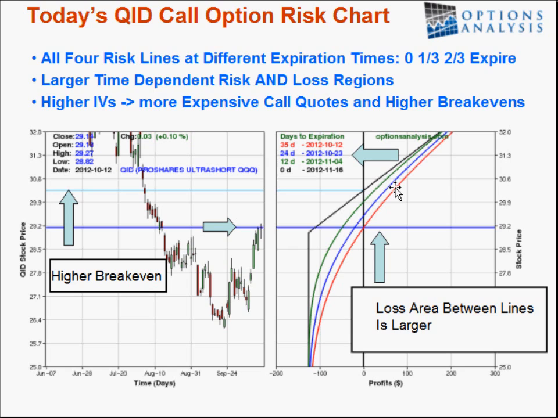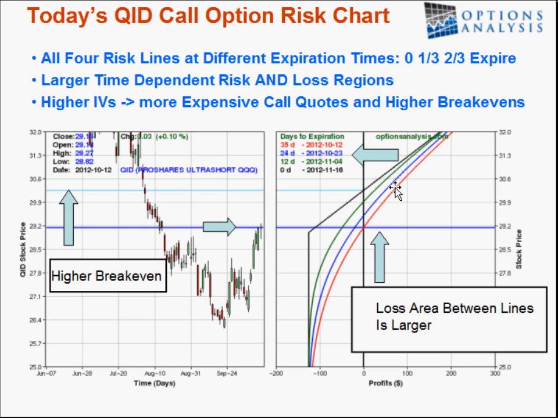The blue line is what happens to this risk chart line as time goes by. Specifically, we move 1/3 into the future between where we are now and what happened in the risk timeline. The green curve is 2/3 into the future.